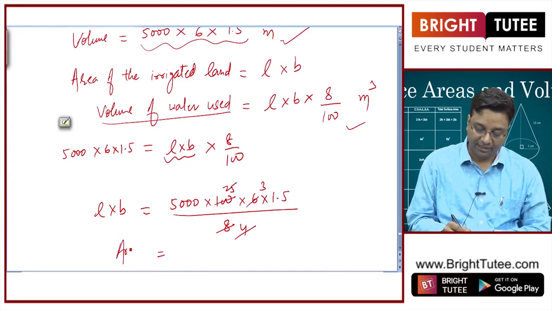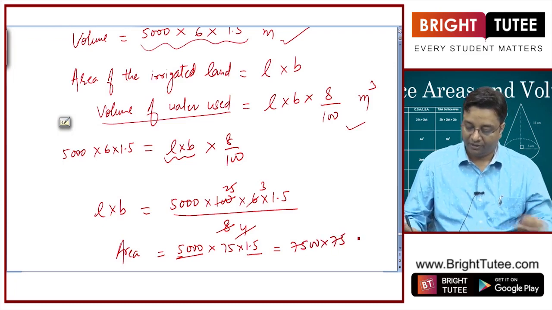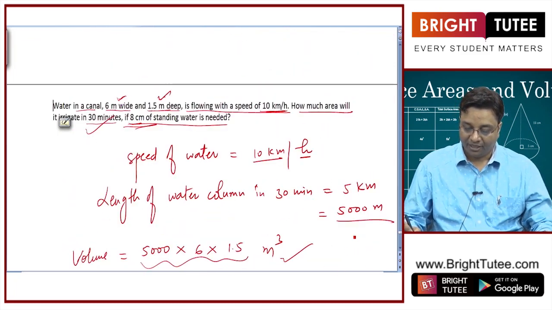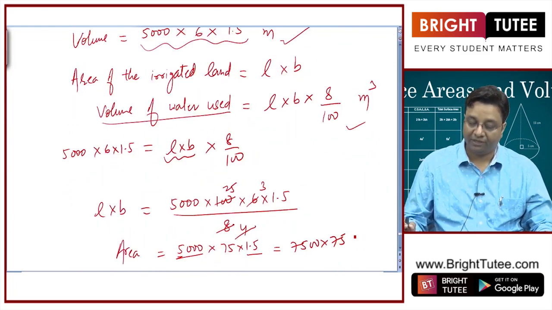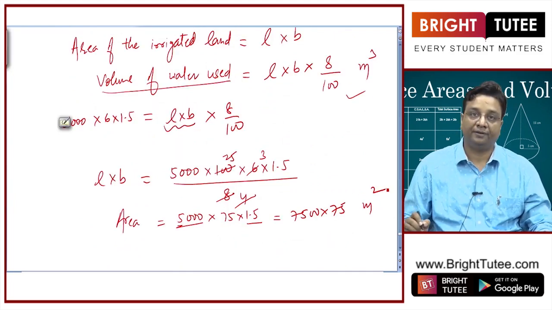Right. So this is area equal to 5000 into 75 into 1.5, into 5000 is 7500 into 75. This area is in meter squares, right? Because we have converted every unit in meter, so this area will be in meter square.